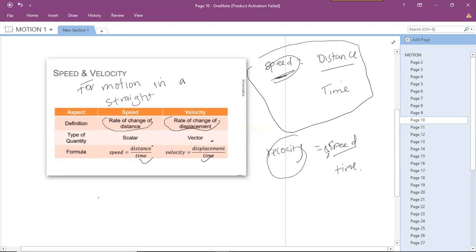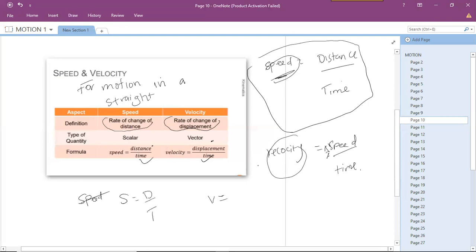But the formulas that I want you to use: speed is equal to distance over time, and velocity is the rate of change of displacement with time.